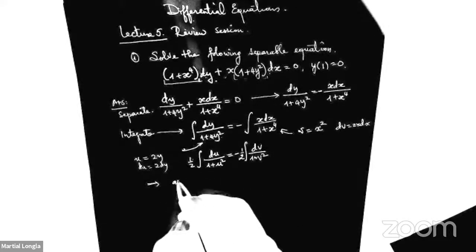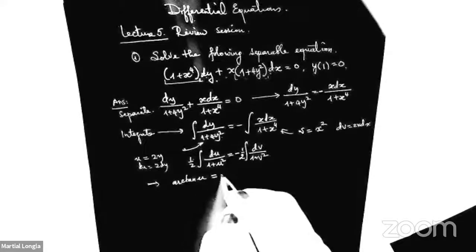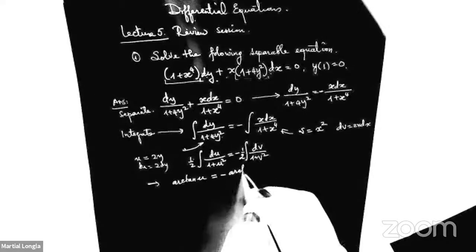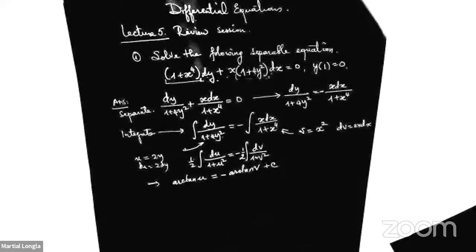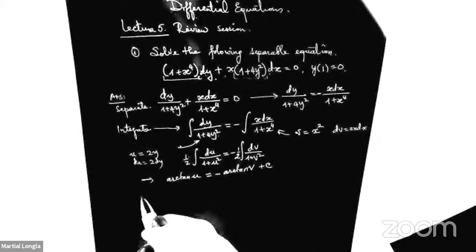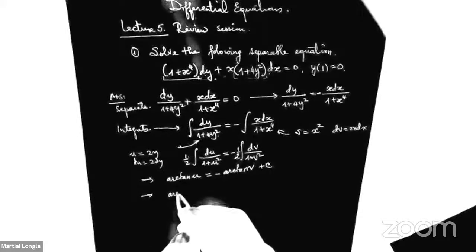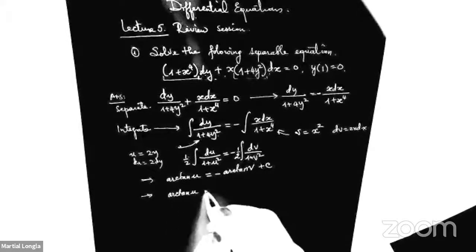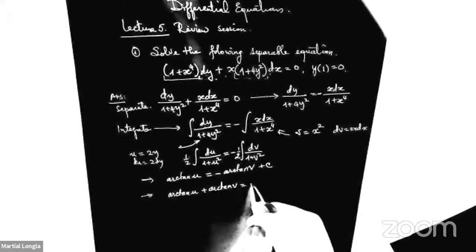This is arc tangent of u equals negative arc tangent of v plus a constant. And you can see you have arctangent on both sides, so you can simplify this. If you bring them together on one side, that tells you that arc tangent of u plus arc tangent of v equals a constant.